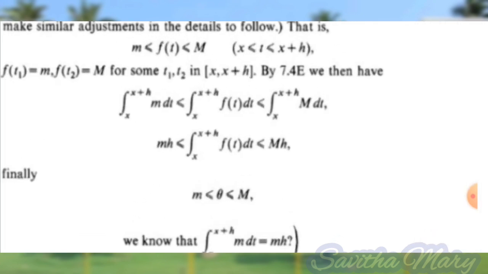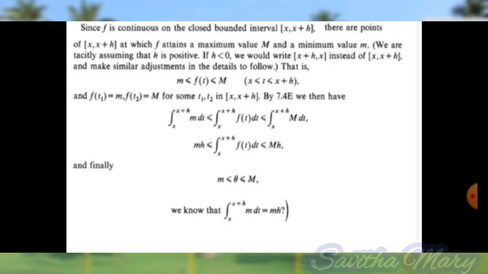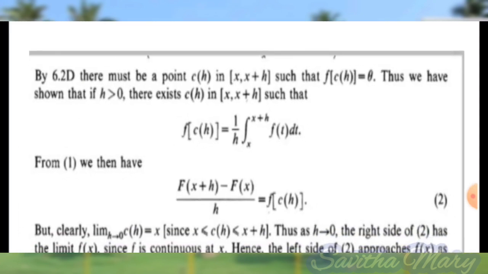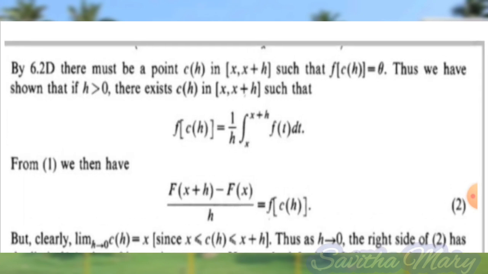And now I am going to take the middle value of the inequality, the integral from x to x+h of f(t) dt, as h times f of c of h. Here I am defining that particular integral this way because after completing this integration, the integral value can be expressed in terms of some function of h. Here the value c of h lies in the interval between x and x+h.